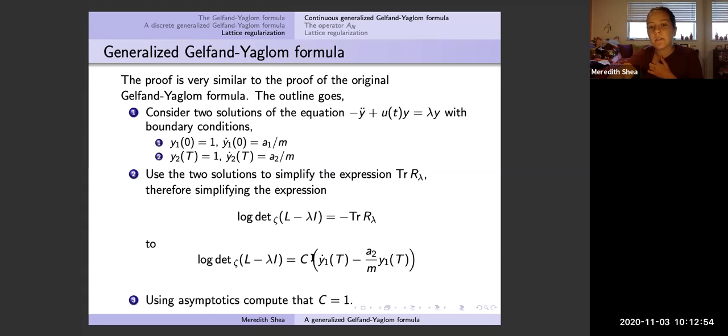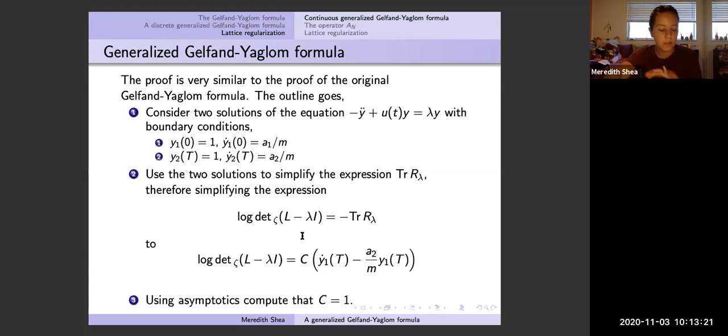And then I want to do the same thing on the other side. Again, I can consider y1 and y2 as solutions, and you can think about them as having a parameter lambda. And so I also want to consider this side as lambda goes to minus infinity and look at the asymptotics. They should match up in their highest order term, and that tells me that C should just be equal to 1.